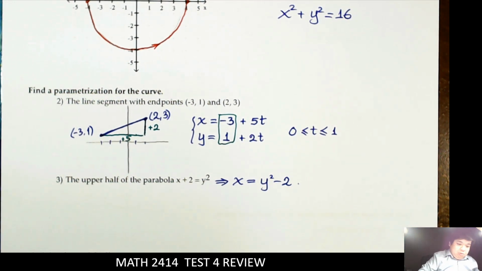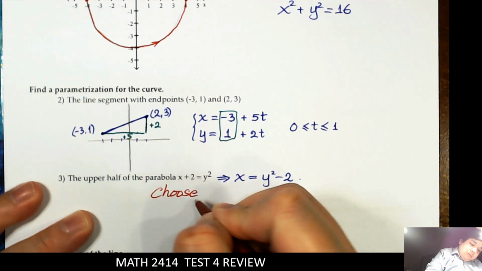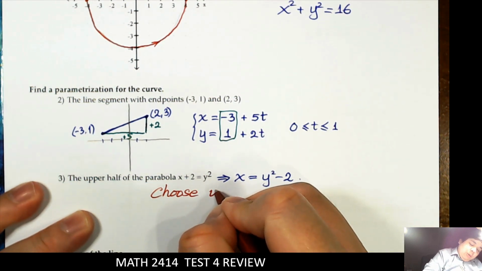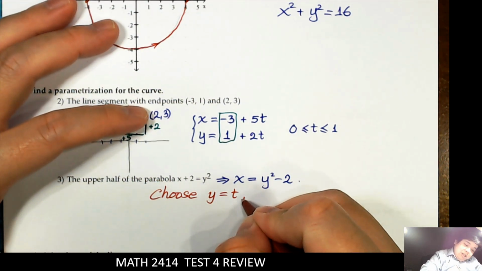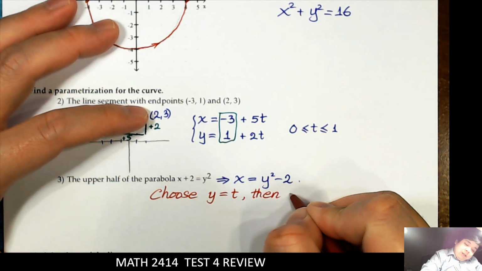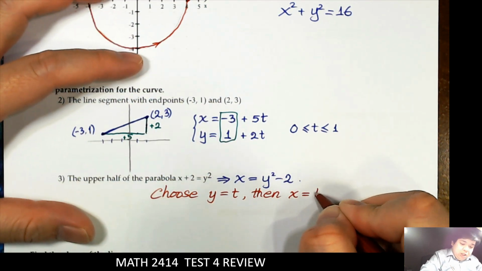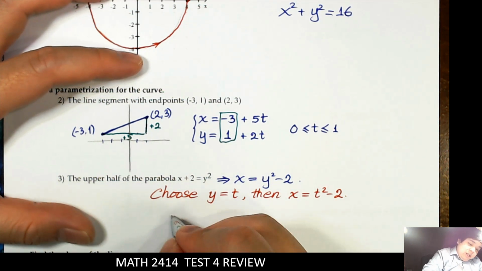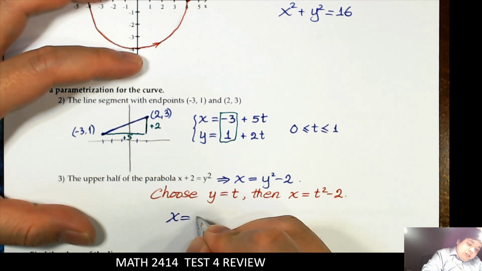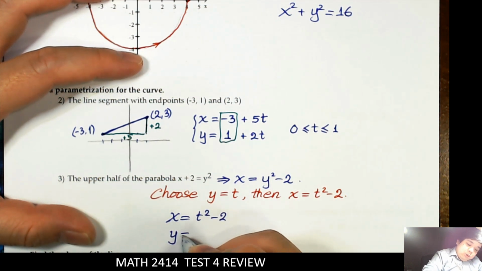So, for example, if we choose y equal to t, then we have x equal to y squared minus 2, or t squared minus 2. So pretty much we have x equal to t squared minus 2 and y equal to t.